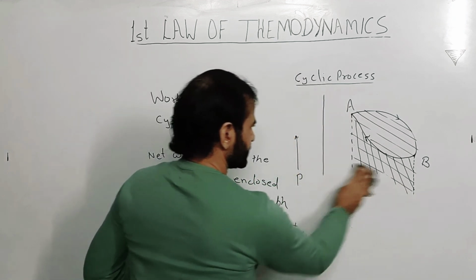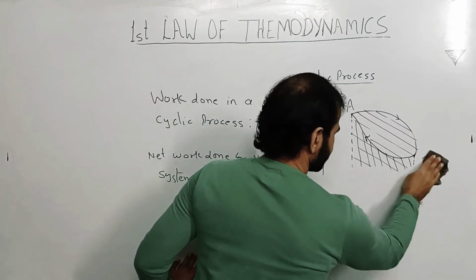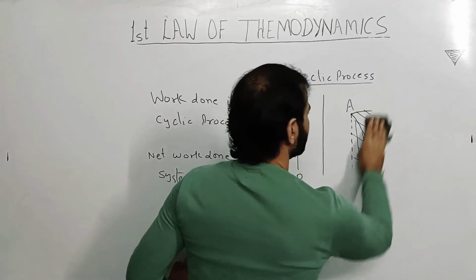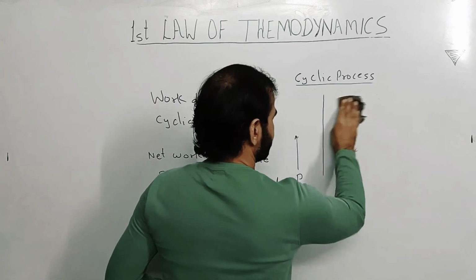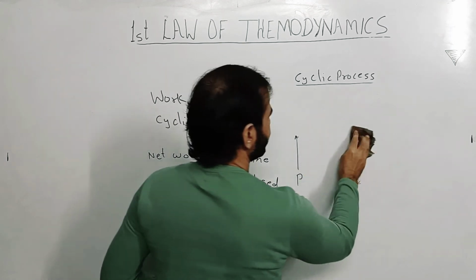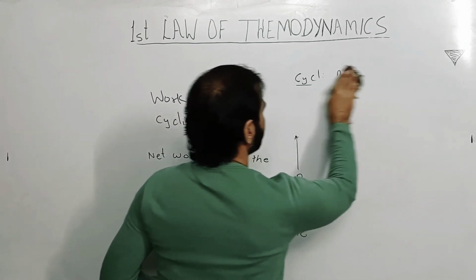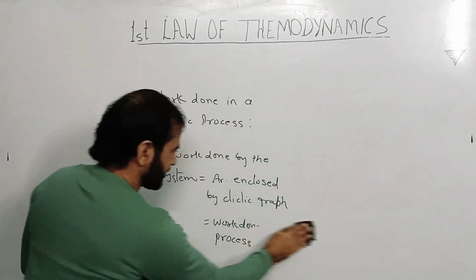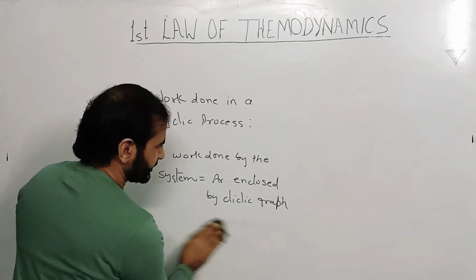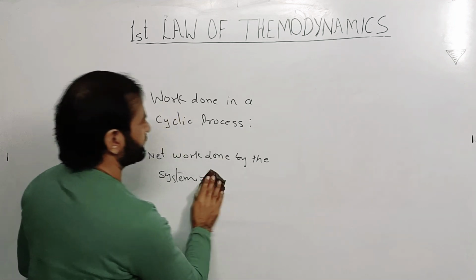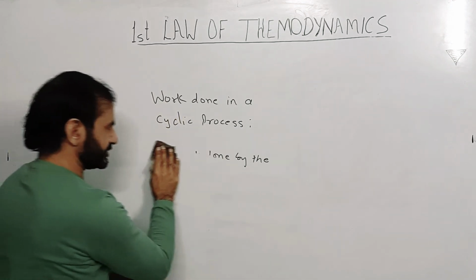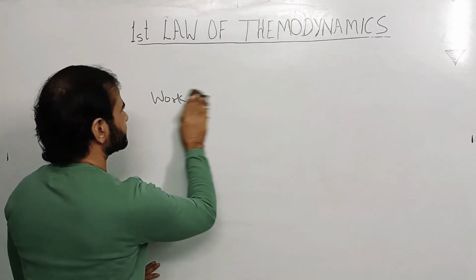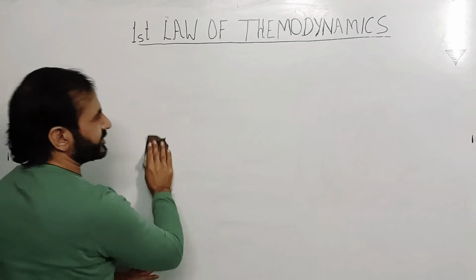So molecules or particles of a substance or body have potential energies due to the force of attraction acting between the molecules. And molecules are also in motion. They may be in rotational, oscillatory or vibratory motion.